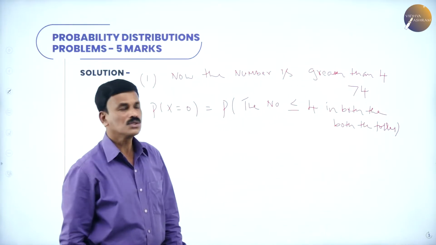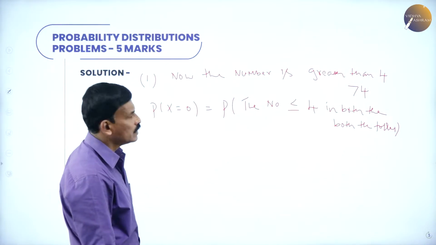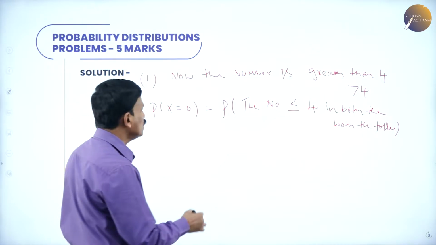Probability of x is equal to 0 means the probability of the number less than or equal to 4 in both the tosses.